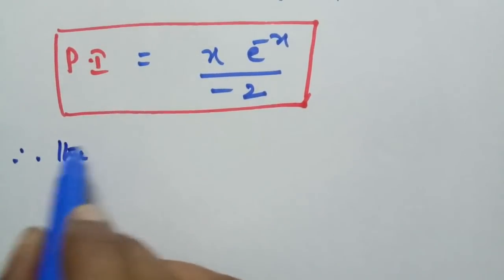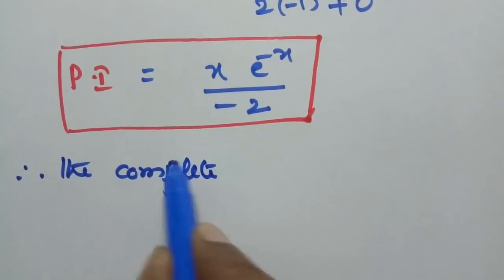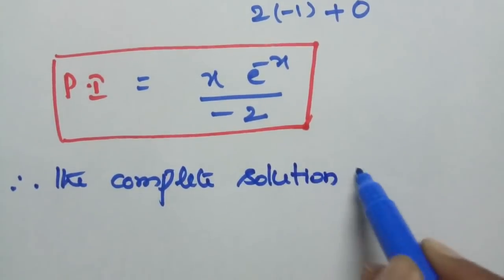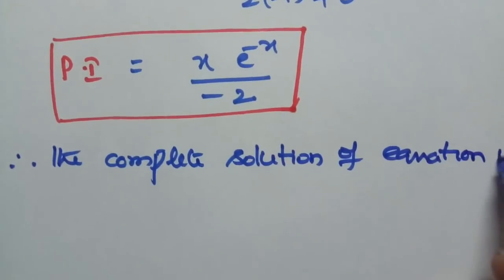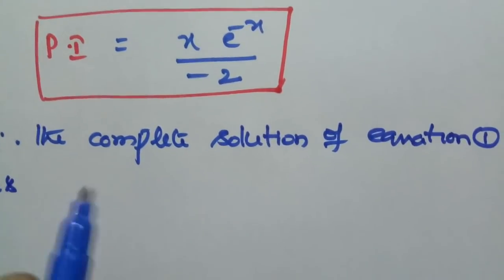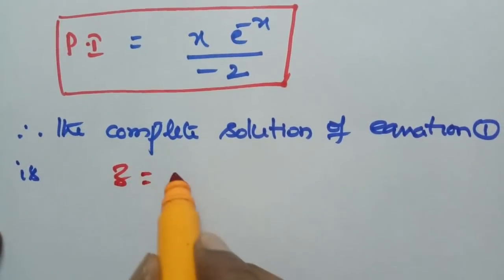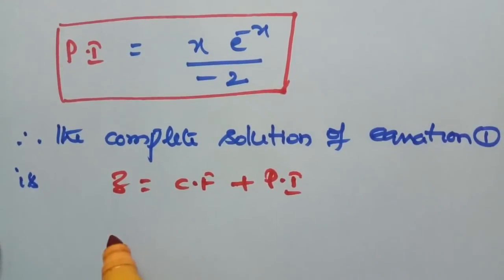Therefore, the complete solution of equation 1 is z equal to CF, complementary function, plus particular integral.